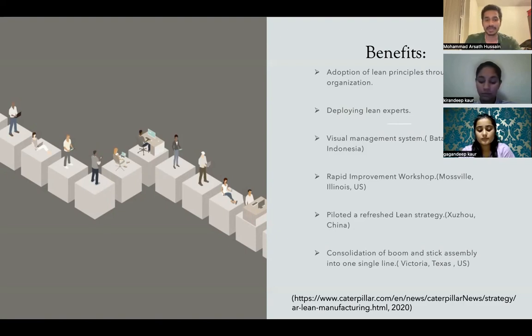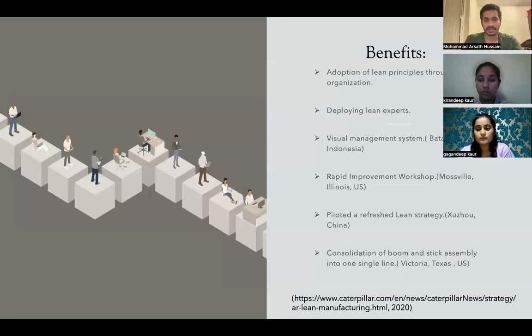Visual management system: in Batam, Indonesia, they have provided a visual management system to highlight the defects, identify the root cause, and monitor the improvements, leading to improved safety. Rapid improvement workshops: in Morton, Illinois, they identified how to eliminate waste by increasing velocity, and by using rapid improvement workshops they have achieved these benefits.